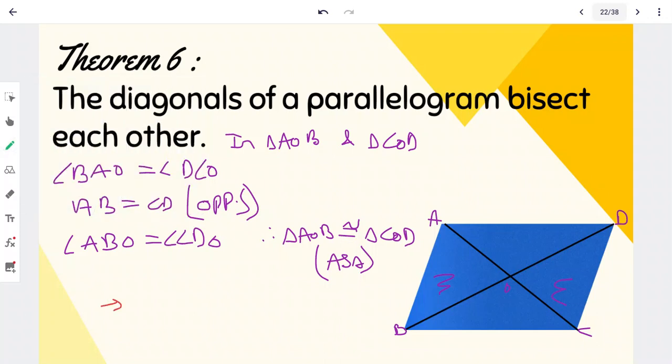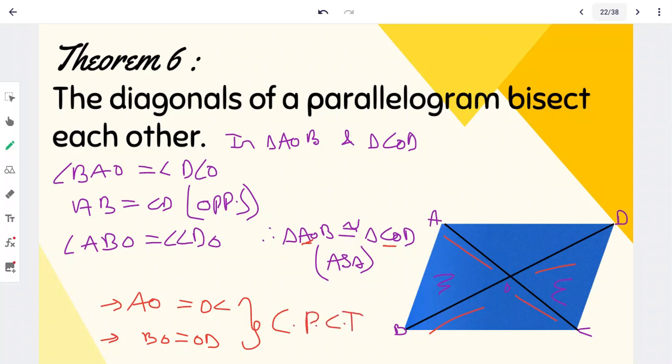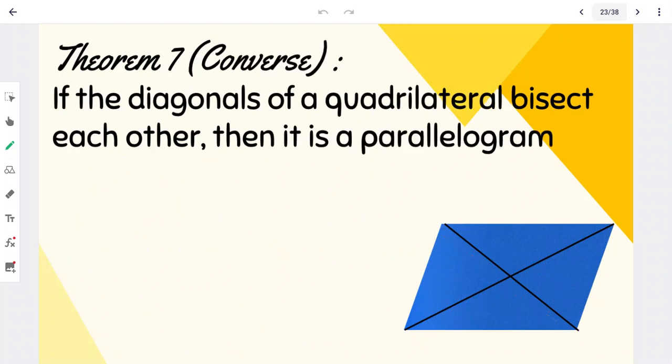We have to prove AO equals OC, BO equals OD. So AO is equal to OC, and similarly BO is equal to OD, with respect to CPCT. Hence the diagonals of a parallelogram bisect each other. Simple. So let's move towards the next one, that is the converse.